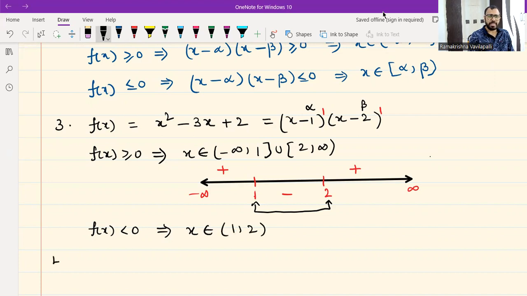In this way, you can solve any question, once you understand that wavy method or sign rule, how to change the sign. If the multiplicity of the root of a given linear factor is odd, sign will be changed. If the multiplicity is even, then sign will not be changed.